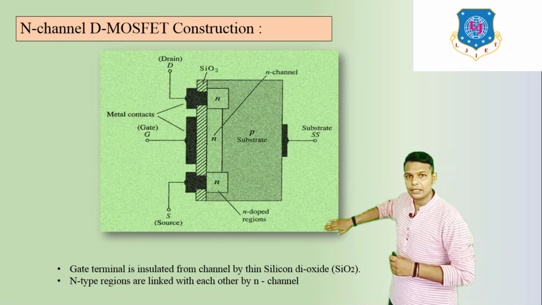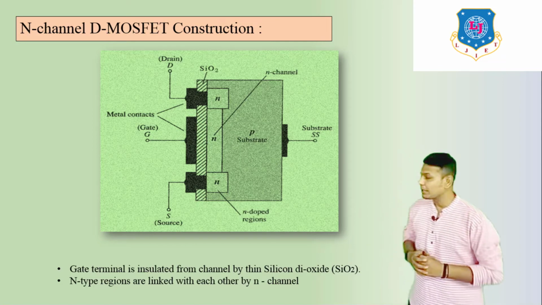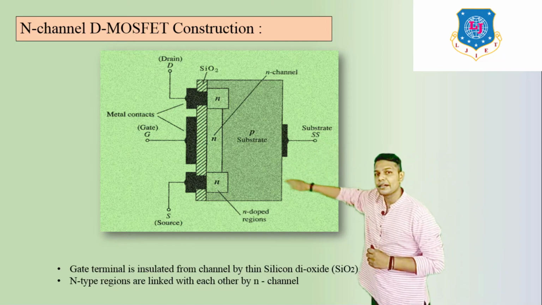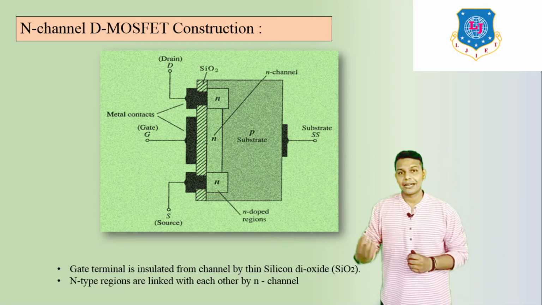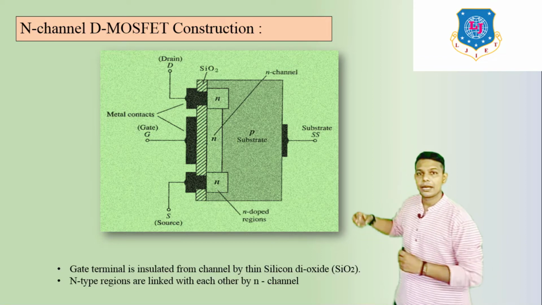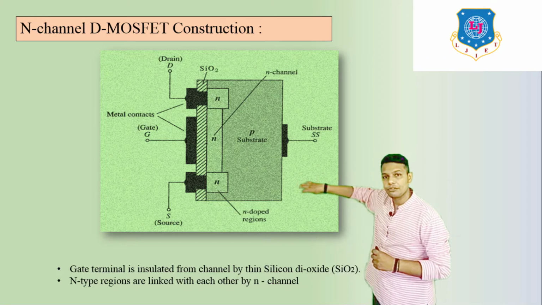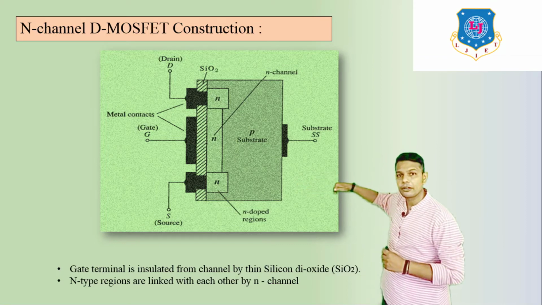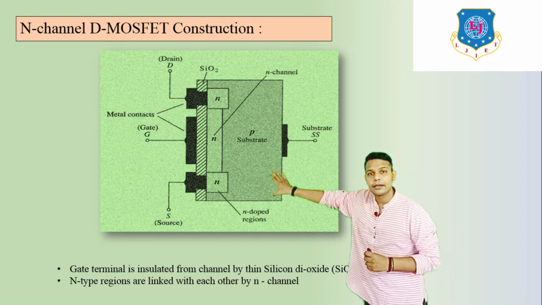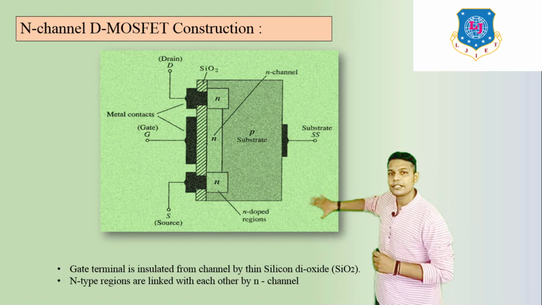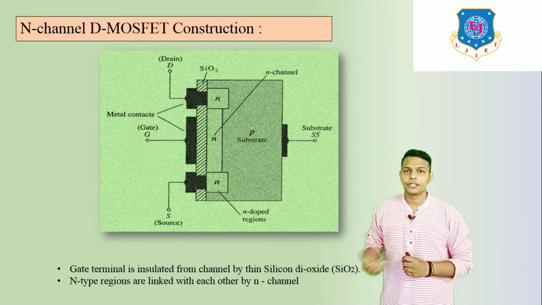So metal is clear. After this, O means oxide, because this line represents silicon dioxide. Silicon dioxide is an obstacle, a layer which divides the gate terminal and the N-type region. Here we can see this side is not connected directly with the N-type region.